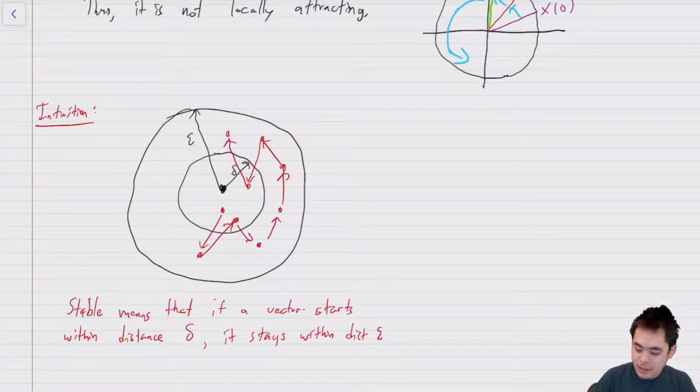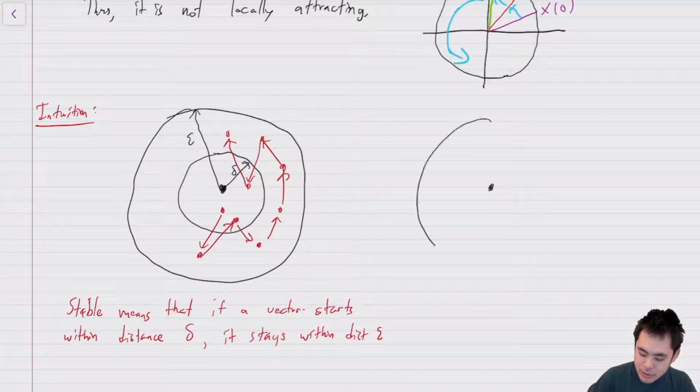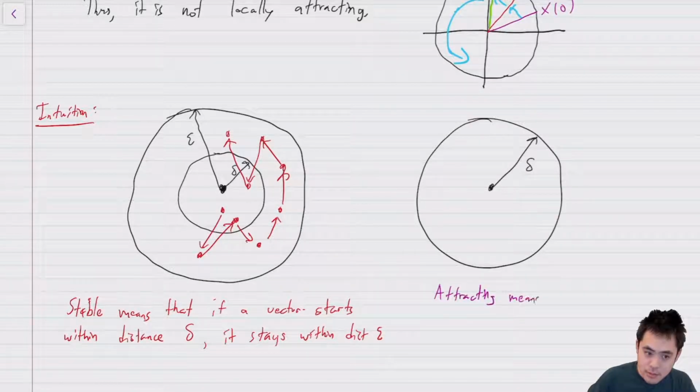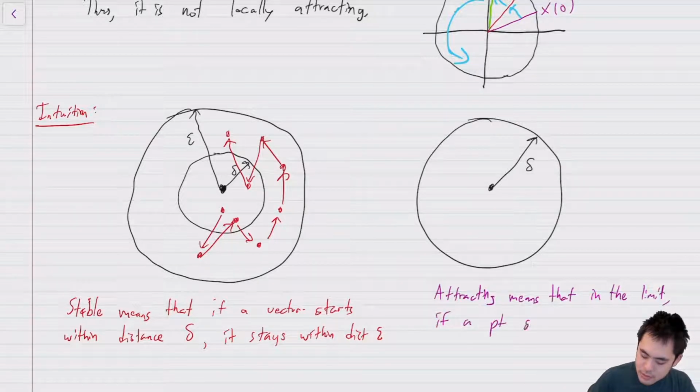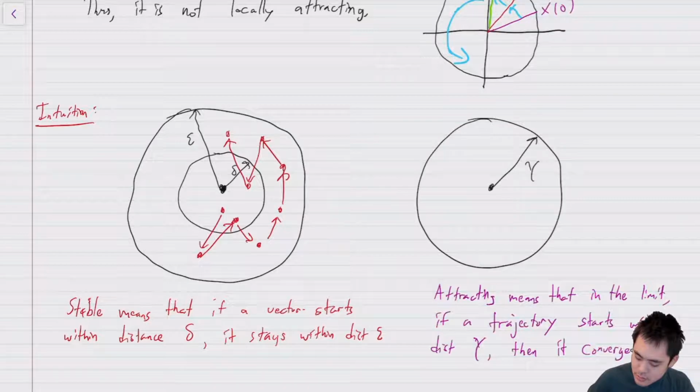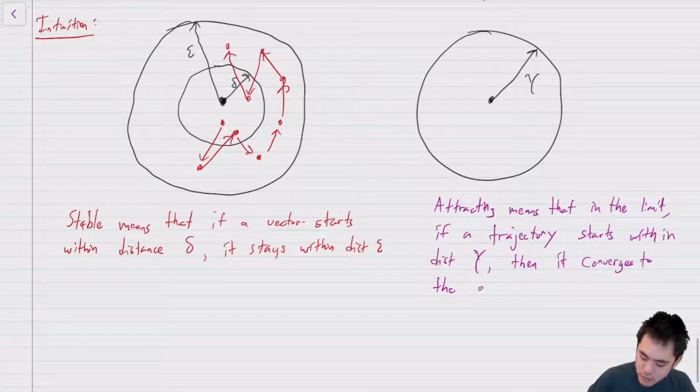Now, on the other hand, locally attracting means that if we start out with some ball around here, so this is a ball of distance gamma, attracting means that in the limit, if a trajectory starts within distance, oh sorry, I meant to put gamma there, not delta, within distance gamma, then it converges to the equilibrium.